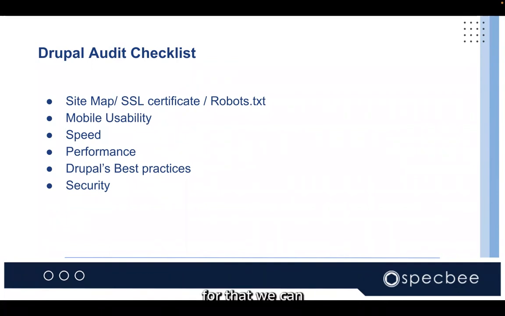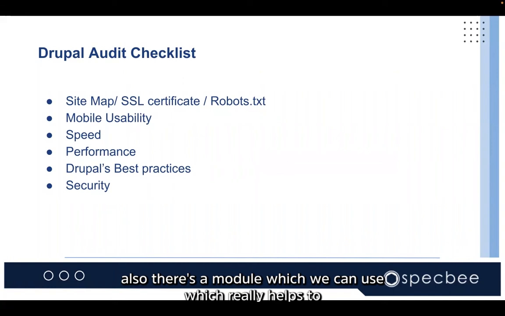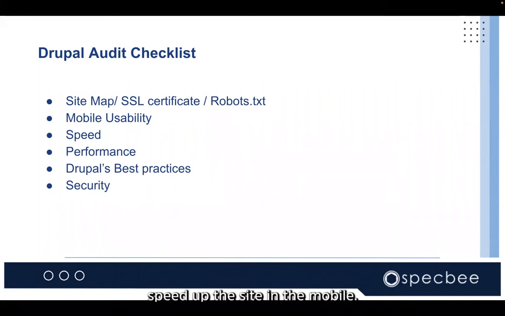For that, we can check responsiveness in different browsers with BrowserStack cross-browser testing, which is used for mobile to check the performance of the website. And in Drupal 9 there's also an AMP module we can use, which really helps to speed up the site on mobile.